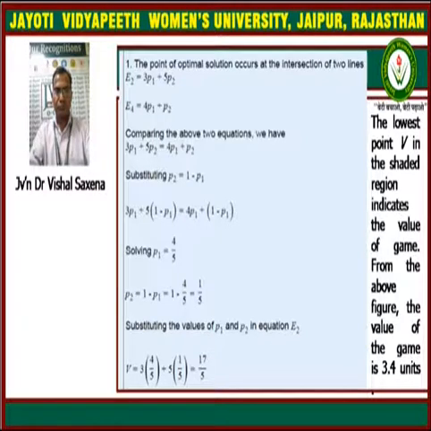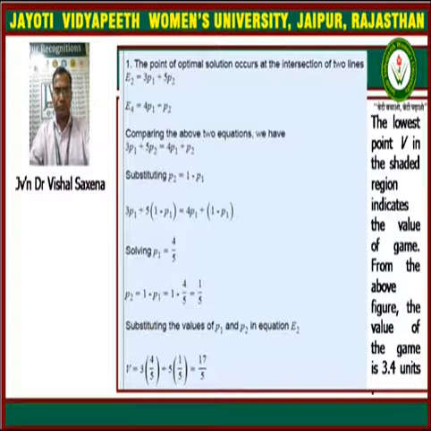So 3P1 plus 5P2 is equal to 4P1 plus P2, and we know that P2 is equal to 1 minus P1 because these are probabilities. Putting this in the equation, it becomes 3P1 plus 5 into (1 minus P1) equals 4P1 plus (1 minus P1).